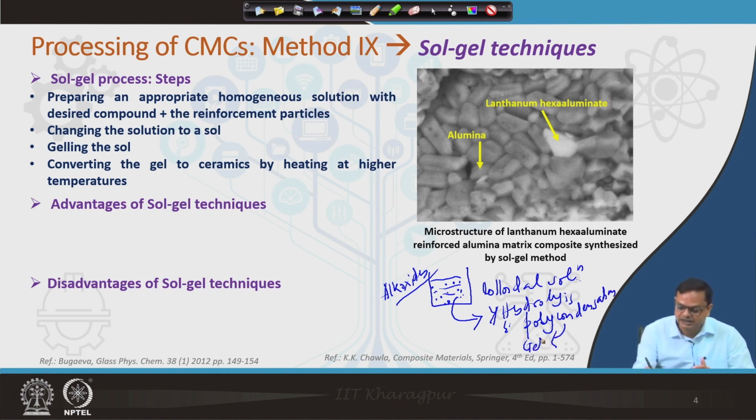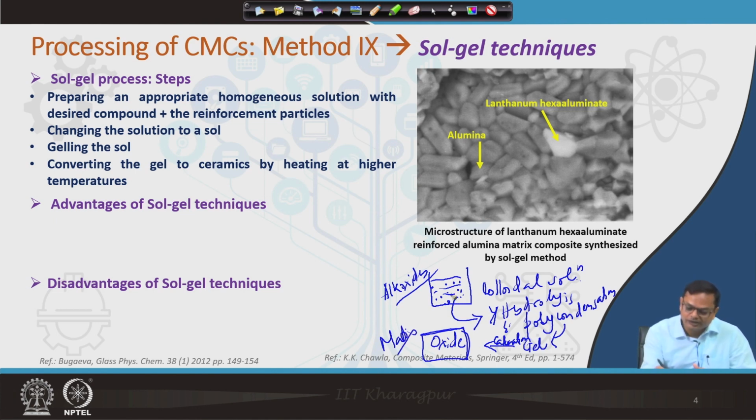Gel means a viscous material with a network, and at higher temperature this gel gets calcined, and ultimately you get the oxide material. The idea here is that this oxide will be the matrix.